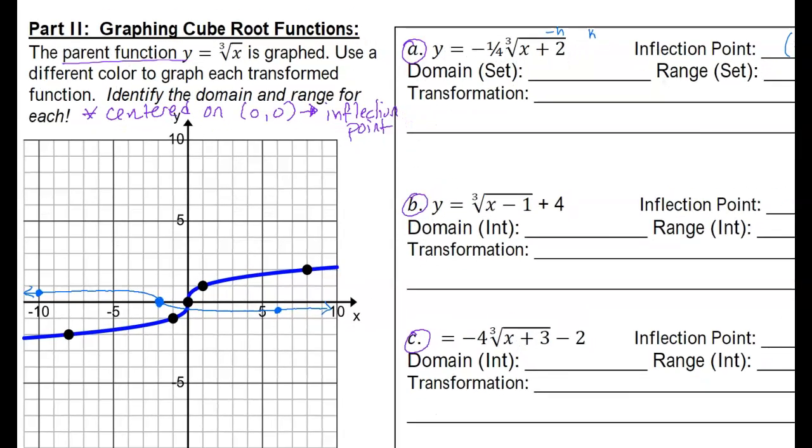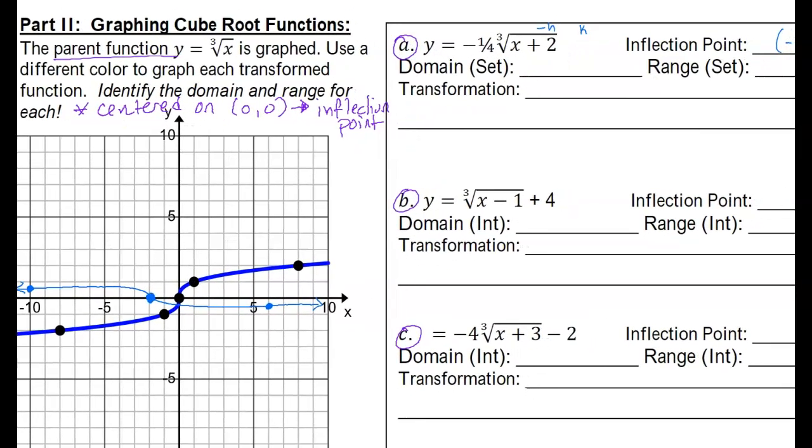Now, what were the transformations we had here? What's happened to this? Looking at our values, it's vertically reflected because of this negative, right? That's a vertical reflection.